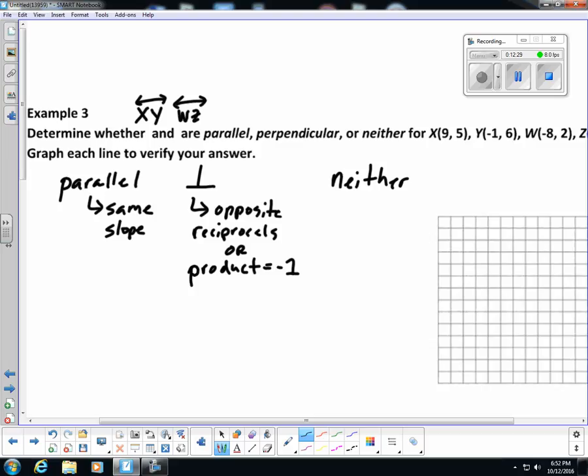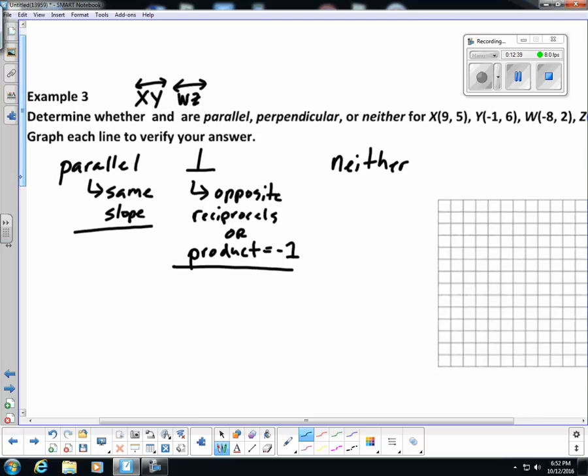So how do we know if they're neither? Well, we know if neither of these happens. So we've got to figure out the slopes of each of these lines. First, the slope of line XY. You've got the ordered pairs up over there. We're simply going to use the slope formula. So I'm going to go 6 minus 5 over -1 minus 9.